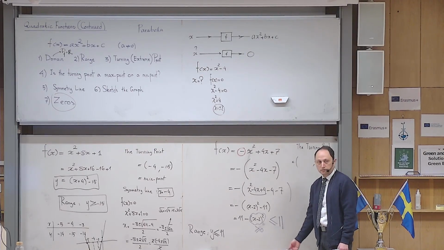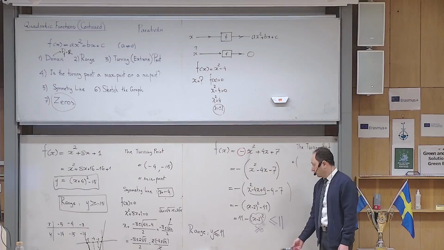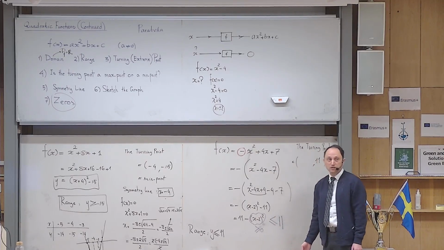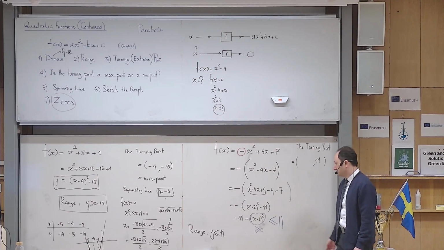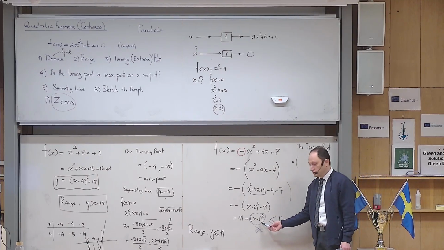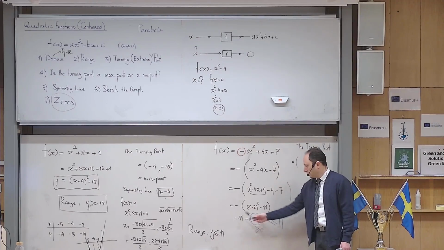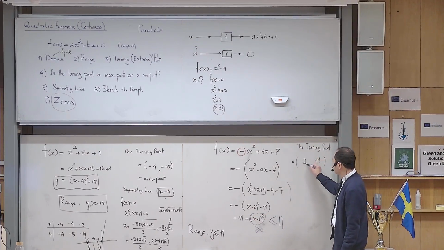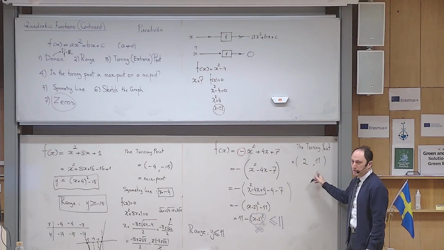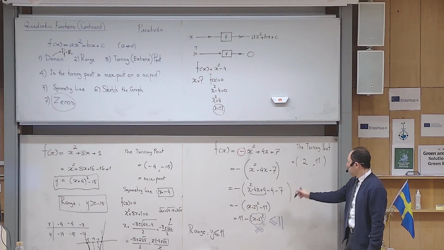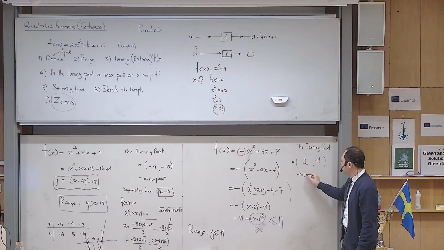When 11 is achieved, it means when what should x be so that I go to 11? 2. If I put 2, this completely goes off and I am left with 11. So x should be 2. But is this turning point a max or a min in this case? It's a max. So it is a max point.